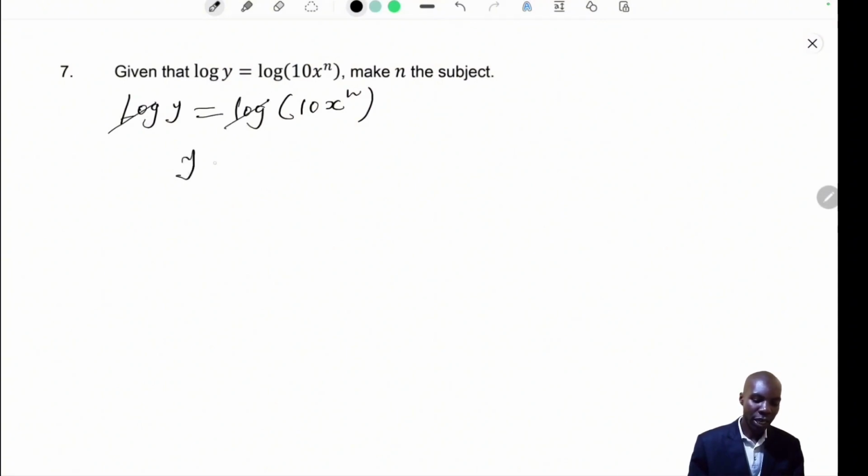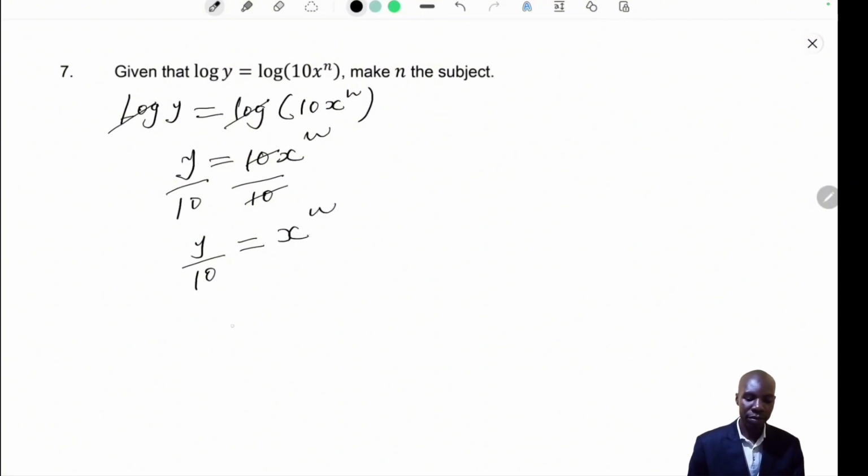So that means y equals 10x to power n. Our aim is to make n the subject of the formula, so we can divide both sides by 10. So what we have now is y over 10 equals x to power n. So we have x to power n equals y over 10.